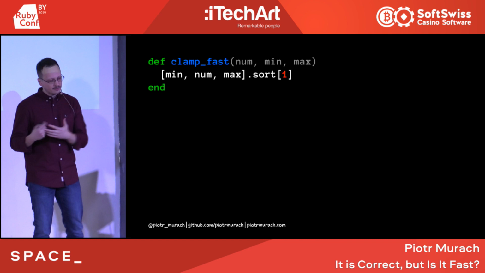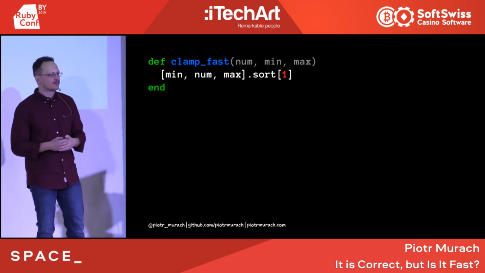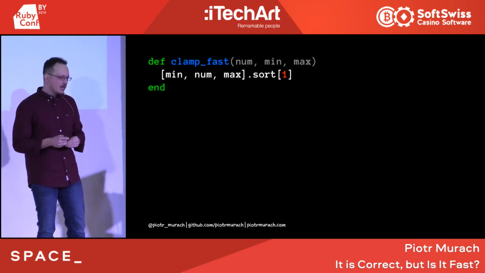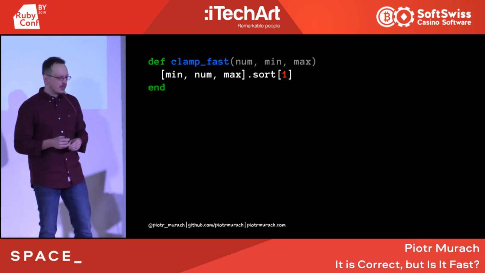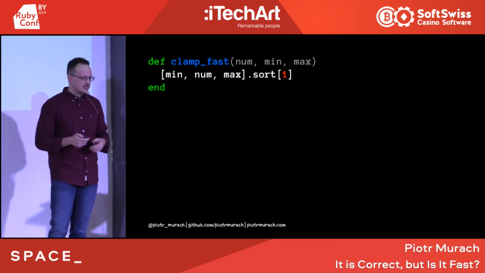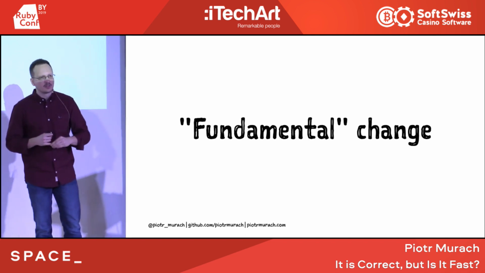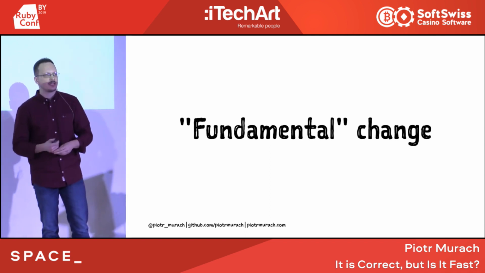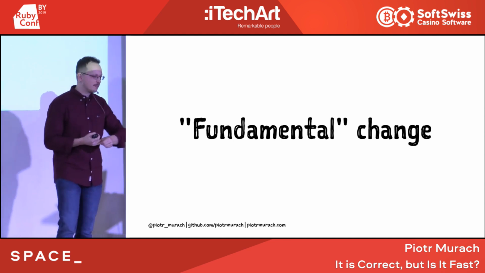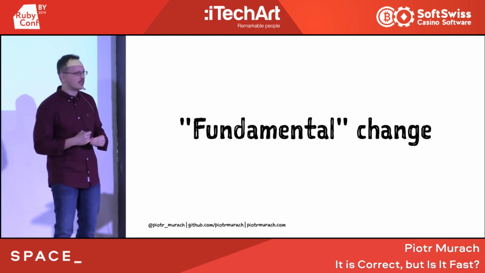Now I'm going to try to write a clamp fast idea. So I start with a clamp fast method and exactly the same implementation. And at this point, when we try to refactor any code to be faster, we are talking about fundamental changes.